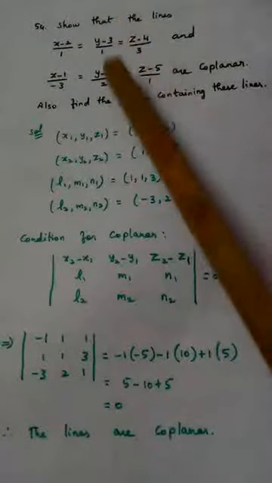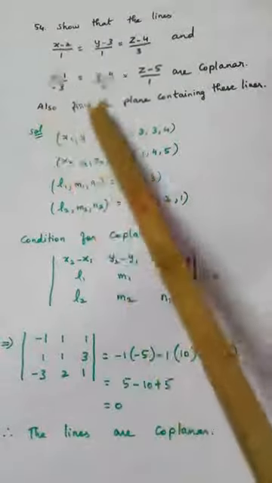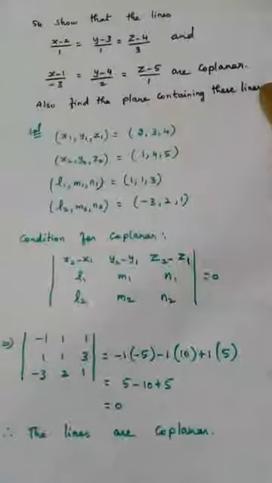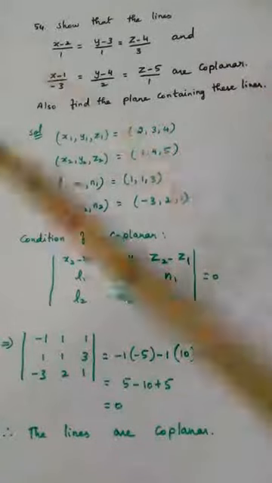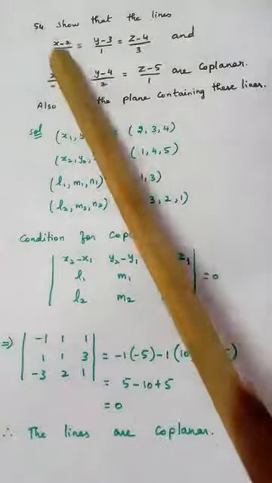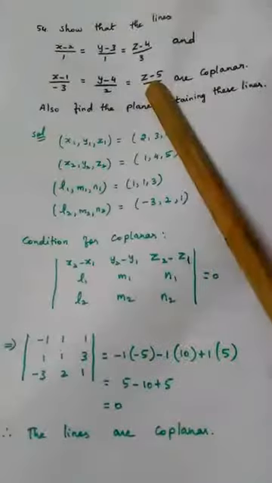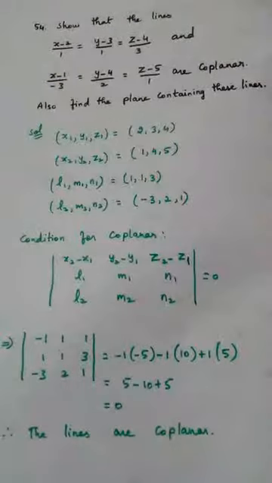Here also we need to prove that these two lines are coplanar. The second question, also find the plane containing these lines. So this and the previous question number 53 are the same; the difference lies in the format.